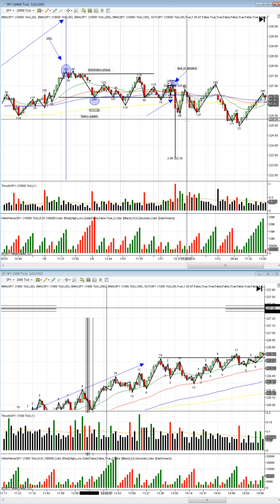So again, this is a SPY. It's not the easiest market in the world to read, but these principles are really timeless. Anyway, so after that happens, you sell the retest. Alright, that's it. Sell the retest.